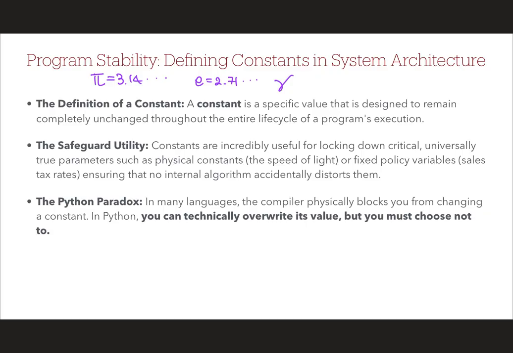In Python, actually, there's no way to define a variable as a constant. There is no way. That means if you create a variable, you can always modify the value of that variable. Always.